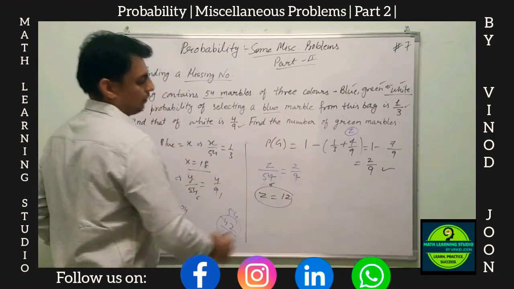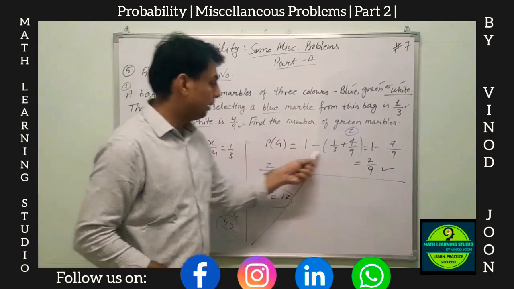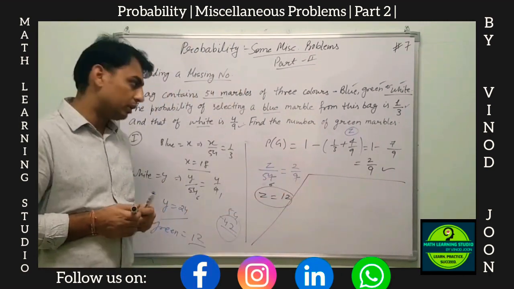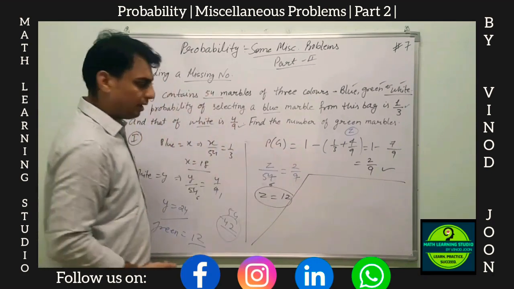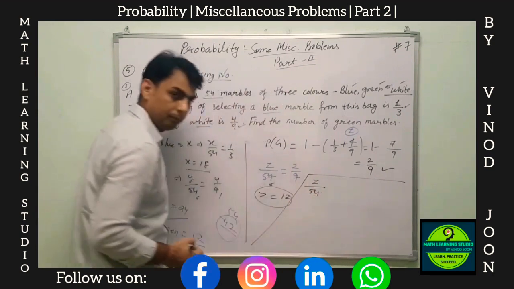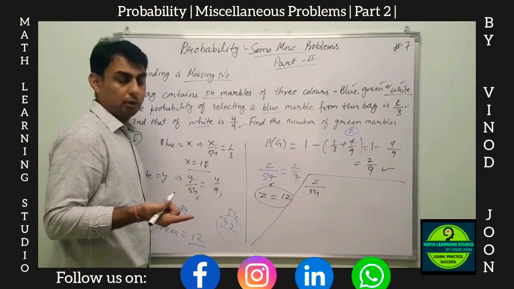There is one more way of solving this question, and that is directly applying this rule that the total probability is always equal to 1. वो कैसे? Probability of the number of green marbles हम Z मान लेते हैं. That means the probability of green will be Z by 54. Z marbles are green हमने मान लिया. 54 total marbles हैं.